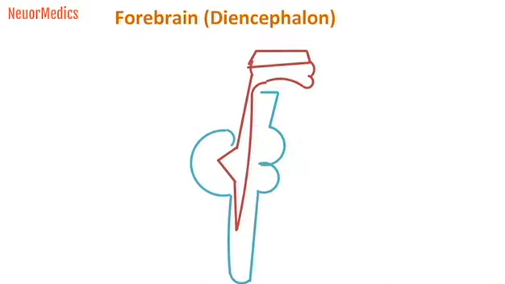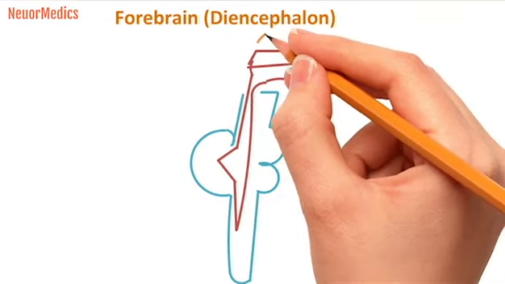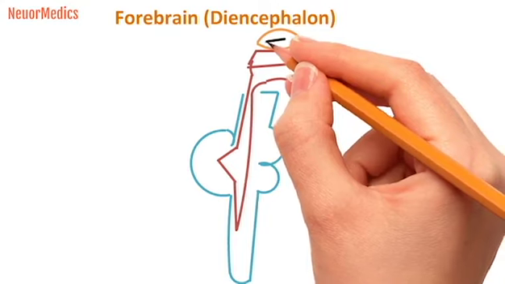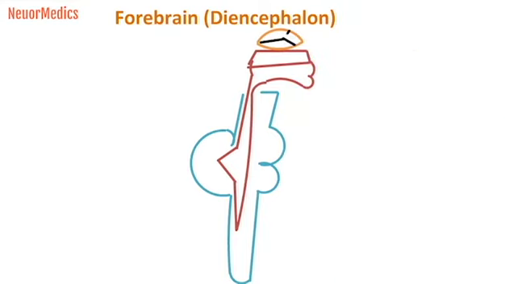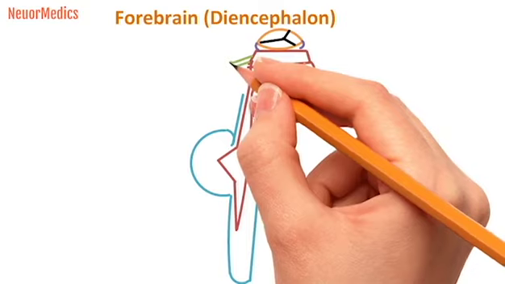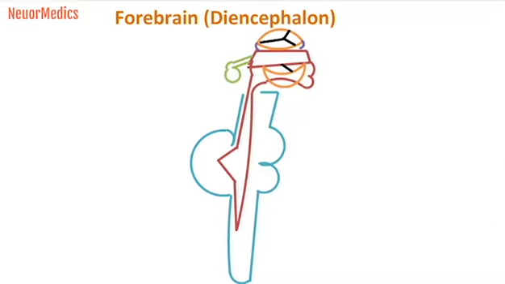The first structure derived from the diencephalon is the thalamus. The thalamus is the largest part of the diencephalon. The second structure is the hypothalamus, and the third one is the subthalamus. And there are some more structures also, so let me draw them here.